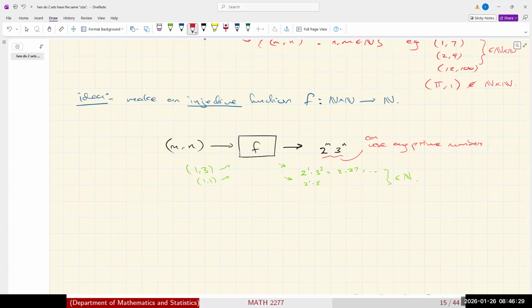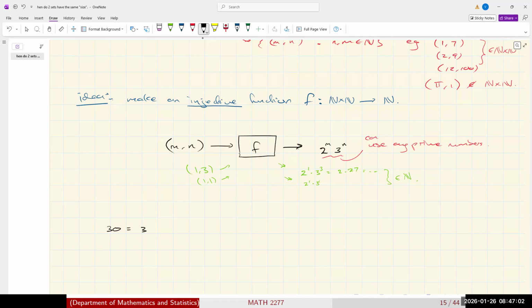What's that called? The fundamental theorem of arithmetic. These numbers have a unique prime factorization. That basically means that you could take any natural number. I'll give you an example, like 30. You could break down any natural number into the product of prime numbers.